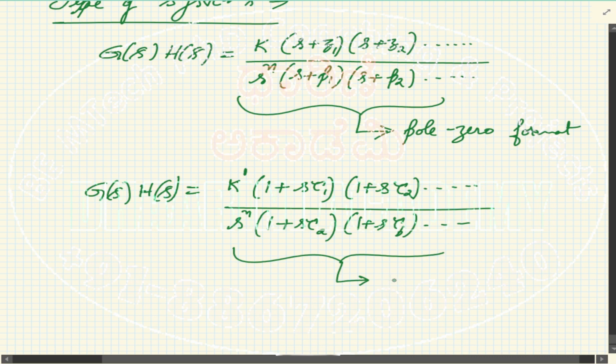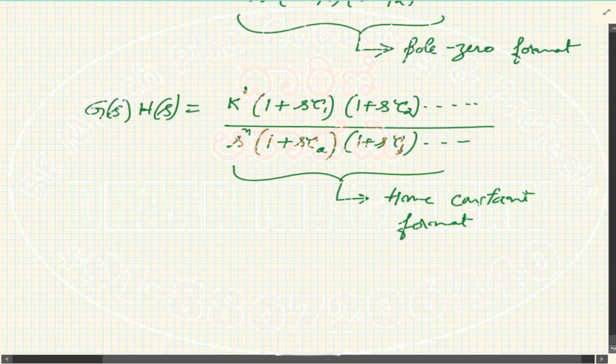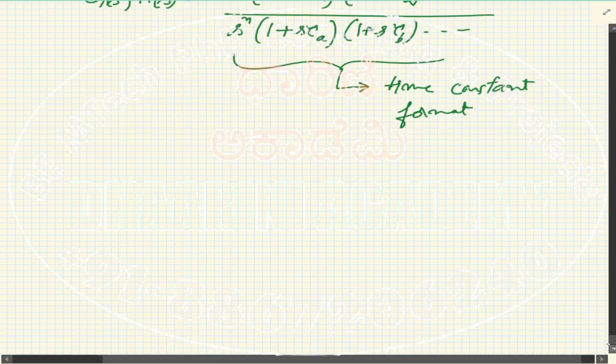Okay, so this is called the time constant format. So both formats are widely used in the control systems analysis part. Specifically, pole zero format in the time domain, time constant format for the frequency domain. So frequency domain we'll see later, once we finish this stability in time domain.